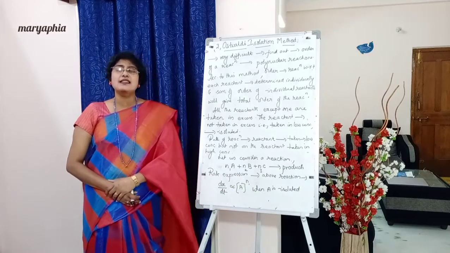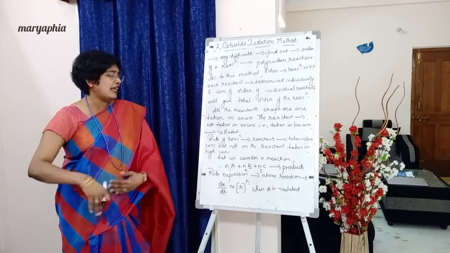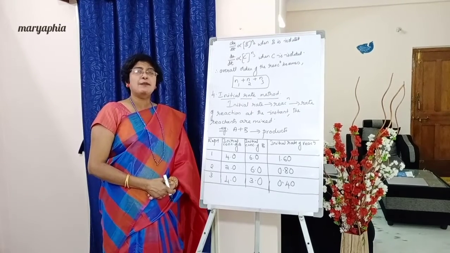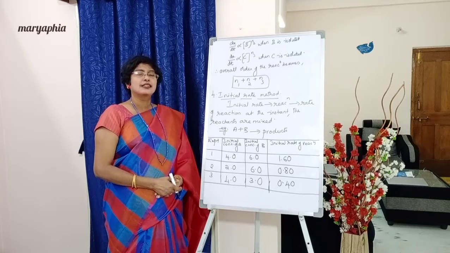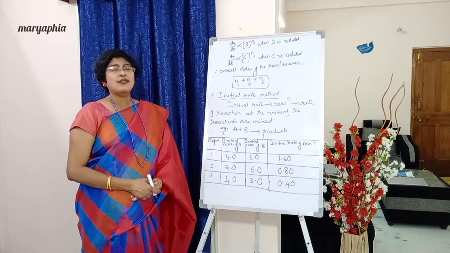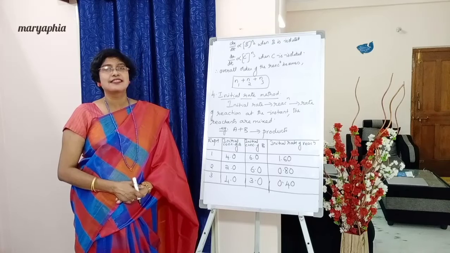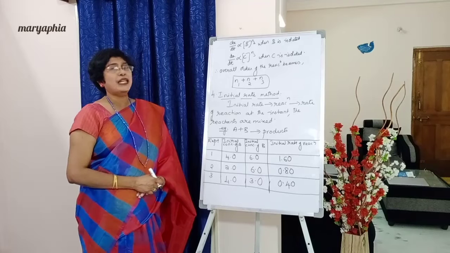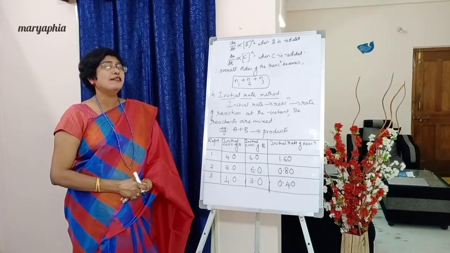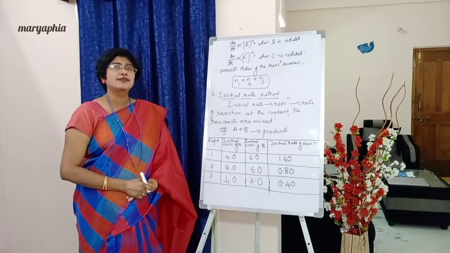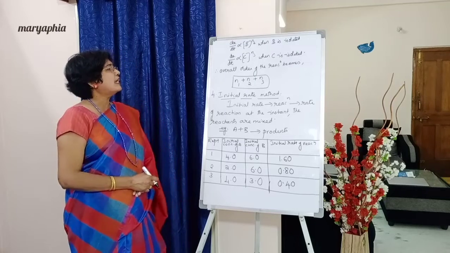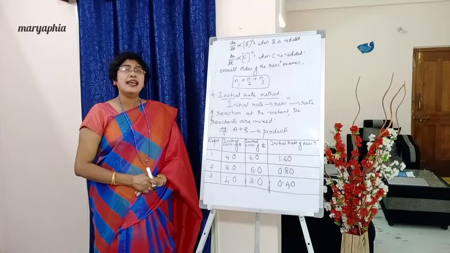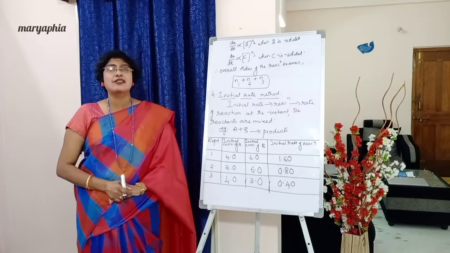Similarly, write for B and C. Next, when B is isolated, dx by dt is proportional to concentration of B to the power n2. Next, when C is isolated, dx by dt is proportional to concentration of C to the power n3.